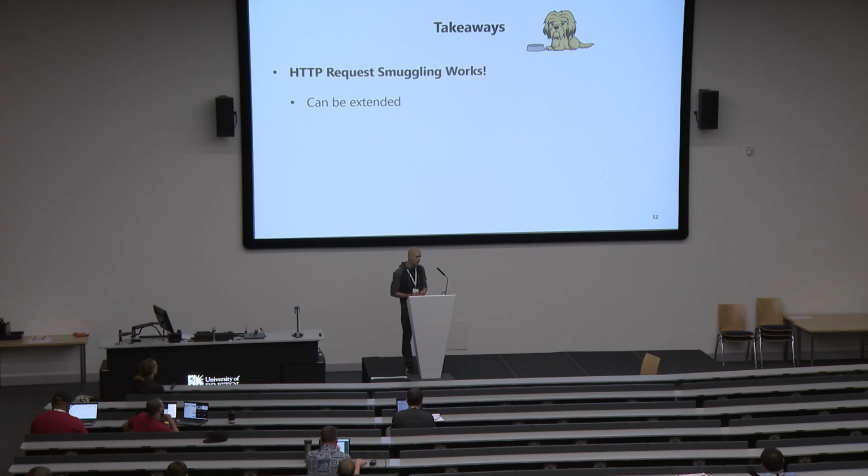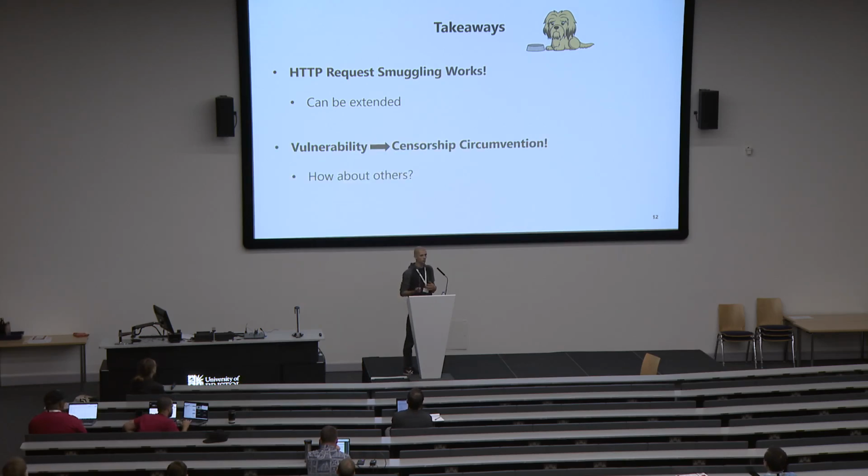And the second point I want to emphasize is that we took a vulnerability from web security, HTTP request smuggling, which has been researched. There was a lot of work on it. We took a look at it and basically just transferred it into a censorship circumvention technique.